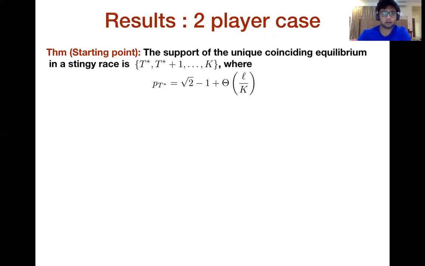So here are the results we could show in the 2-player case. We showed that the support of the unique Nash equilibria is an interval where T star is such that PT star is about square root 2 minus 1 plus a very small term.